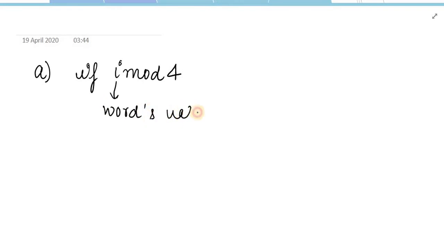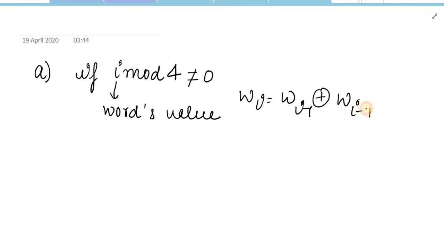The first condition is: if i mod 4, where i is the word index, is not equal to 0, in this case my Wi will be Wi minus 1 XOR Wi minus 4.